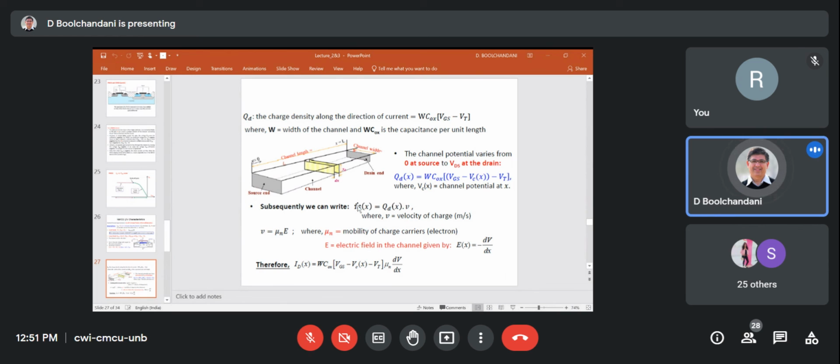Replacing the drift velocity with mobility multiplied by electric field, the expression for the drain current becomes W COX (VGS minus VC(x) minus VT) multiplied by mobility into dV by dx.